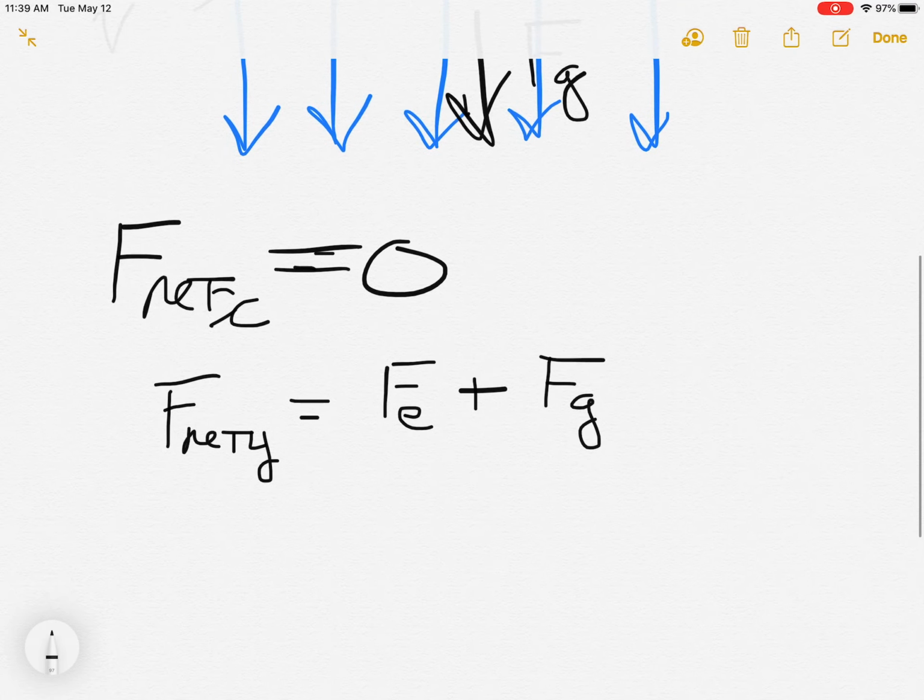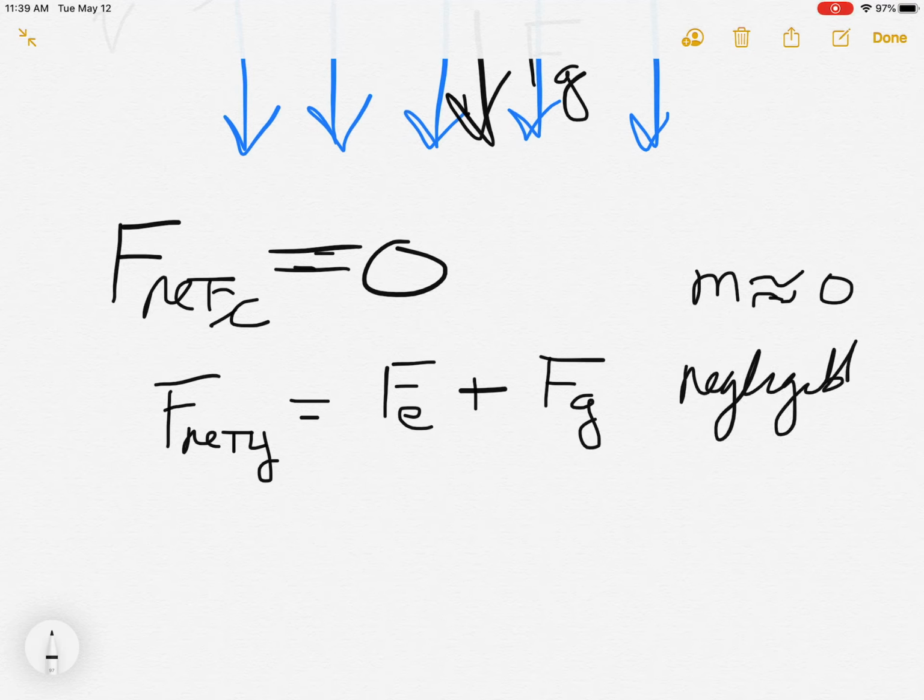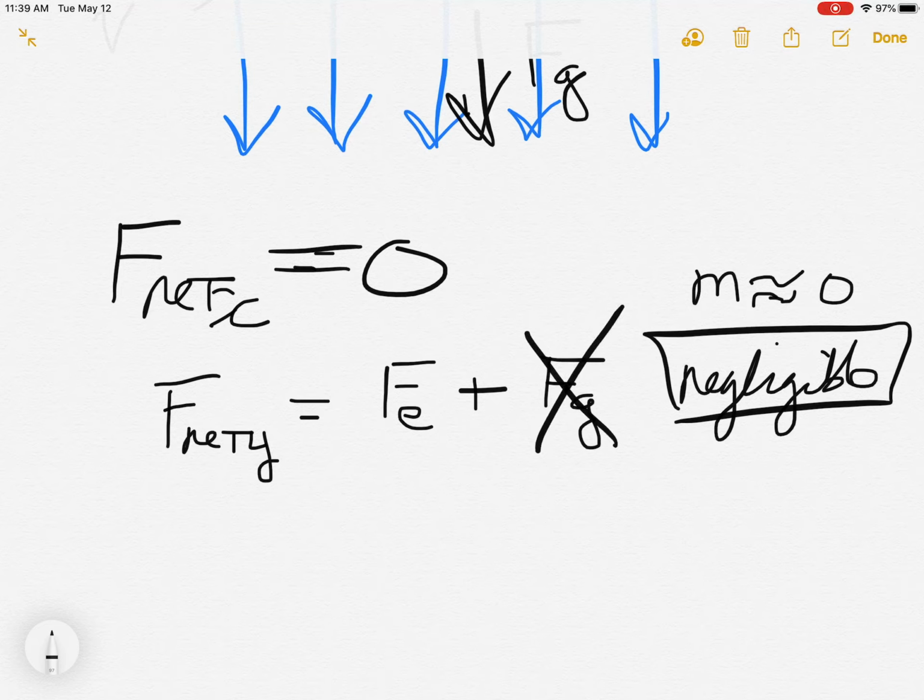Now, the gravity force in this particular question, for some reason, they've ignored the gravity force. So I guess that the question makes the assumption that the mass is basically really small, nearly equal to 0. So what that means, it's negligible. So we're not going to have to consider the gravity force.